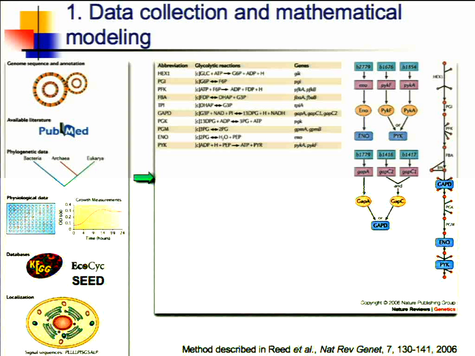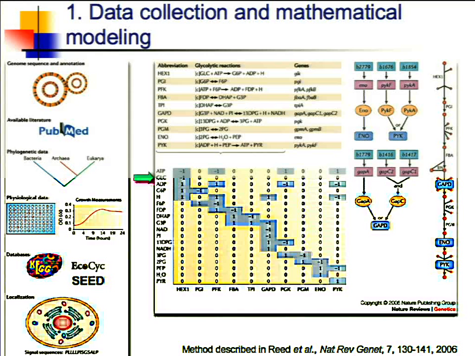Based on that information, we build gene-protein reaction associations, which basically connect each gene with its encoded protein, which in turn is connected to one or a couple of reactions that happen in the cell, which is catalyzed by this enzyme.